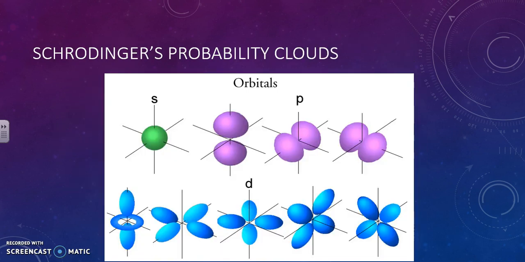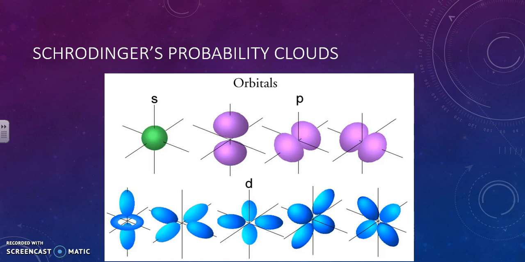And again, just to remind you of what those shapes look like, here's just one little quick reminder. The S shape, just by itself, is a spherical shape. The P shape, 2 balloons kind of tied together at the center. There are 3 total shapes that are defined as P. D, there are 5 total shapes that are defined as D. 4 of them look like they're 4 balloons tied together and rotated very strangely in the XYZ axis.